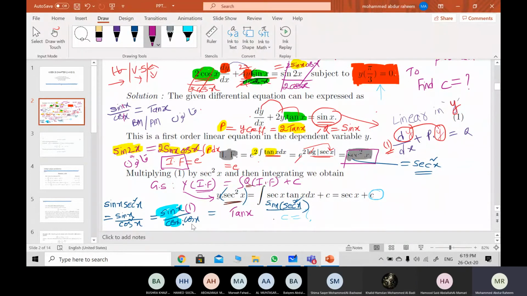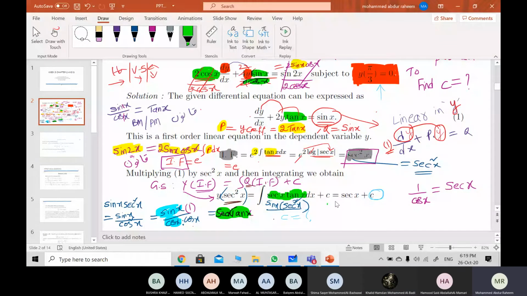Here maybe we can imagine 1 over cosine x, how much? 1 over cosine is secant x. So 1 over cosine here is secant x. That's why it came here like this. Clear? Okay.